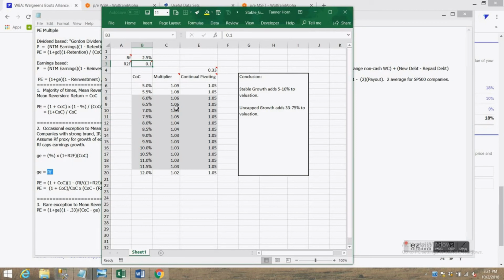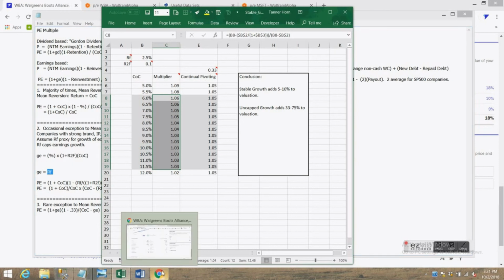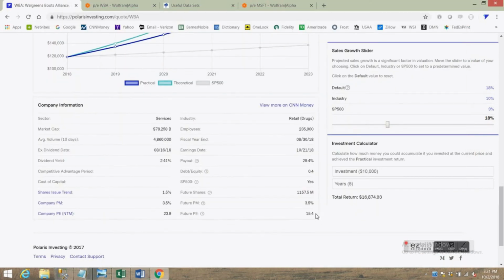And you can see here that it tends to be around 5% regardless of the cost of capital. So one way to think through this is if you're going to give a company the benefit of continuing to grow some even when they have fully saturated the current market, that number is typically only about 5, maybe 10% of the current PE.